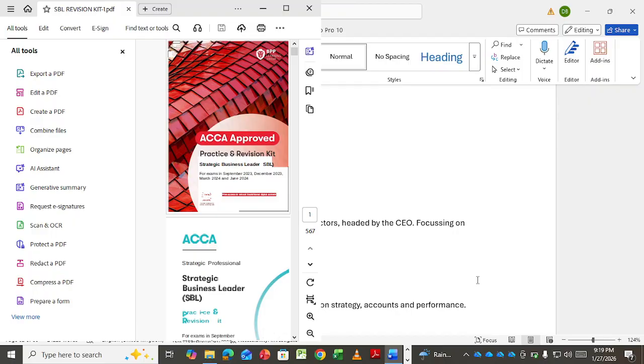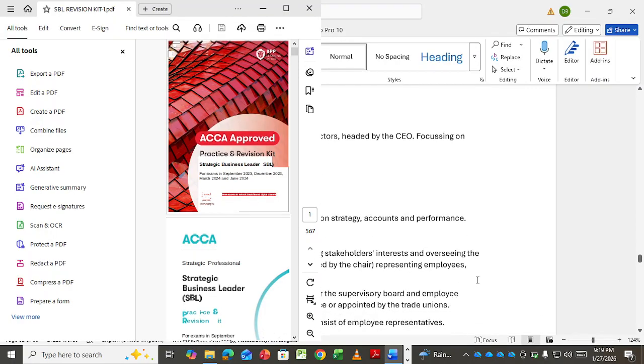The managers who are responsible for the running of the business have to give accountability, or give a report, to the supervisory board. The supervisory board, on the other hand, will be comprised of the non-executive directors, headed by the chairperson or chairman, who will be representing the employees and the shareholders. Usually, the main role will be to safeguard the interests of the shareholders and the stakeholders by overseeing what the management board is doing or achieving.